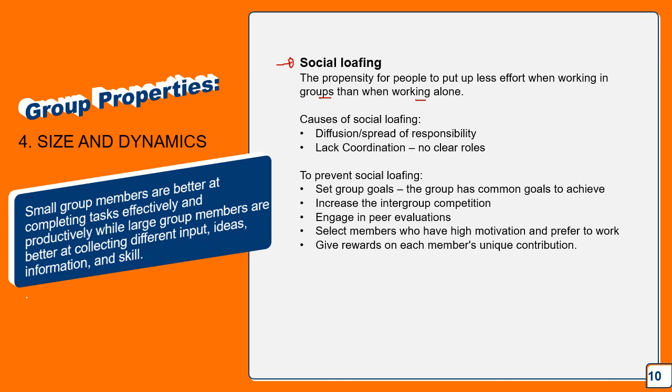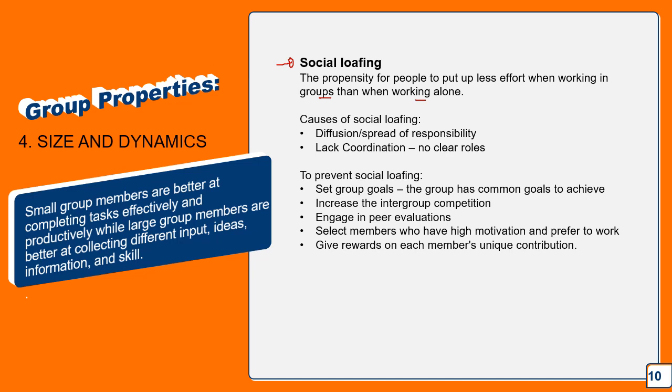Manager ni ataupun group leader ni tidak menggariskan apakah tugas yang sepatutnya dilakukan oleh setiap ahli kumpulan, or each and every group member. There are no clear rules given to them on what they have to do or what should be their contribution to the group. So that happens because of the manager's lack of coordination on the group members.